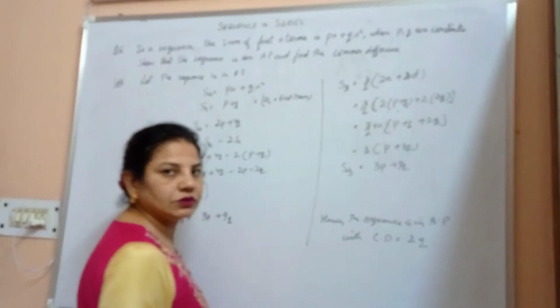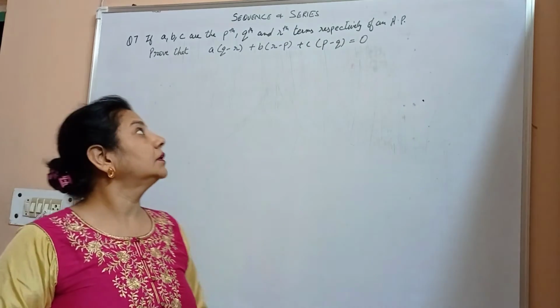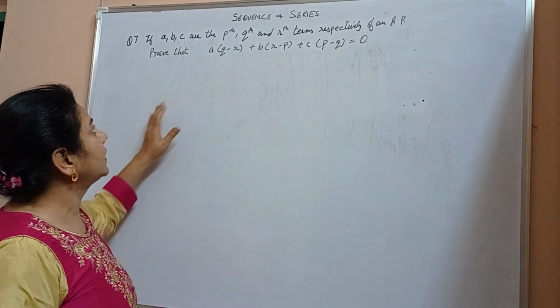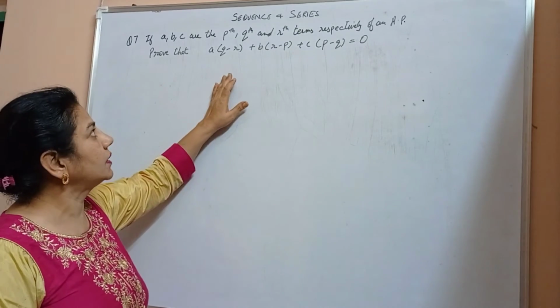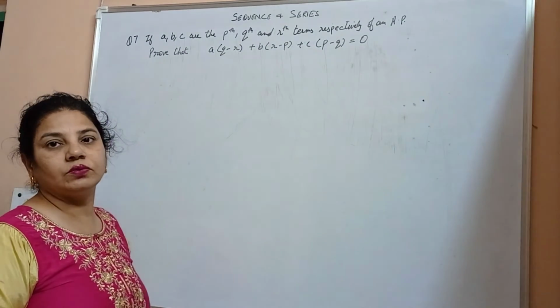If A, B, C are the pth, qth and rth terms of an AP, then prove that A times (q minus r) plus B times (r minus p) plus C times (p minus q) is equal to 0.